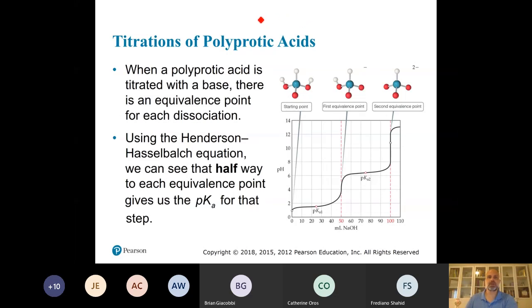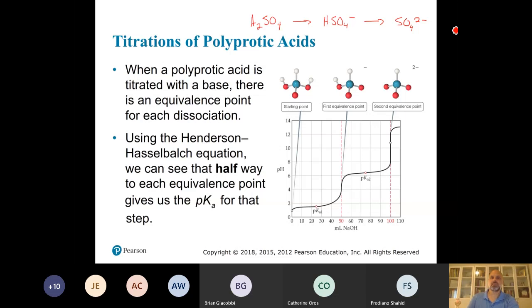let's just say we had, as an example, H2SO4. We can eventually get HSO4 minus, and then eventually to SO4 2 minus.